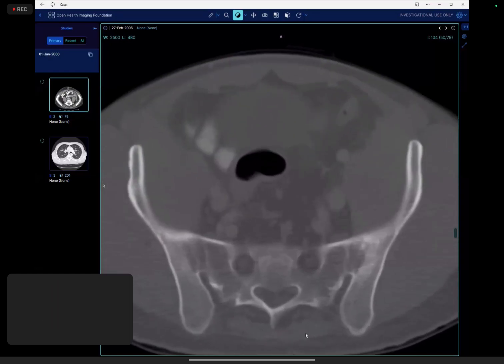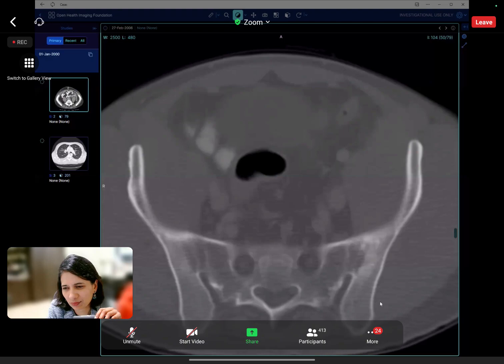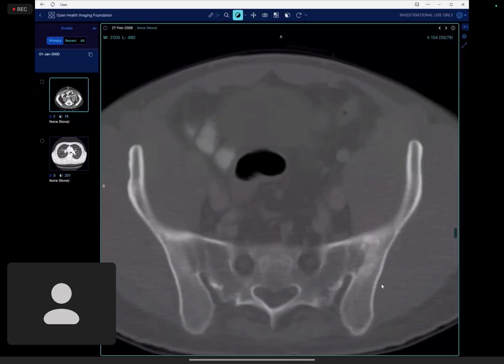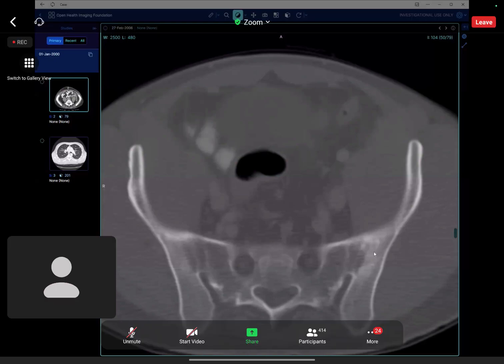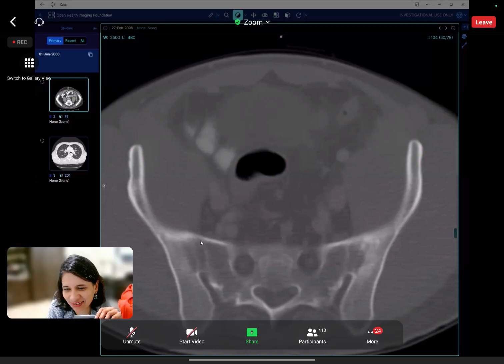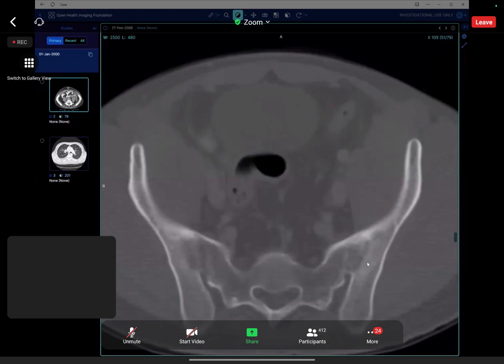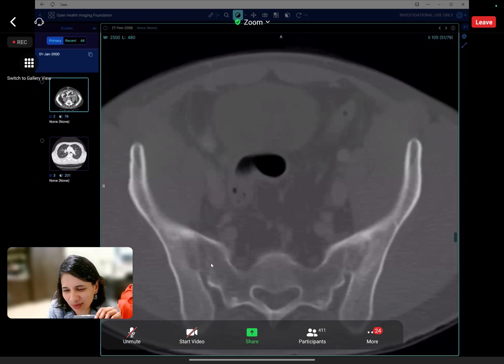Where are the SI joints? There is erosion. They're fused, completely fused.